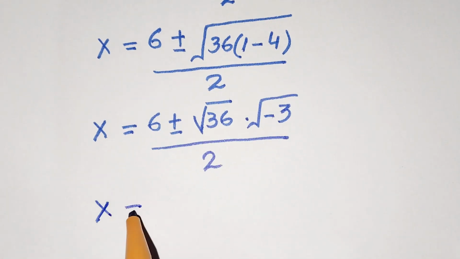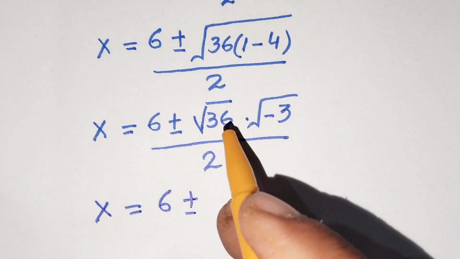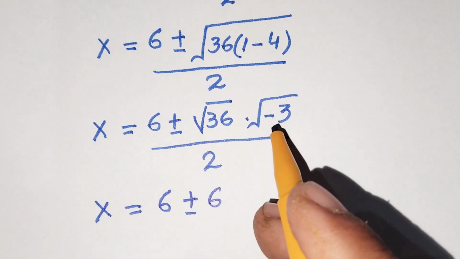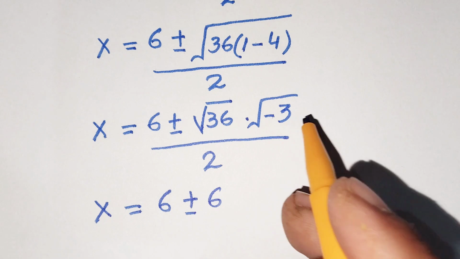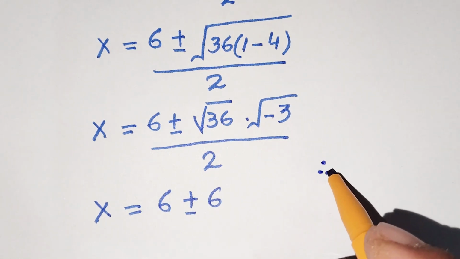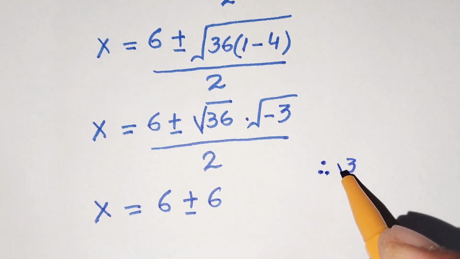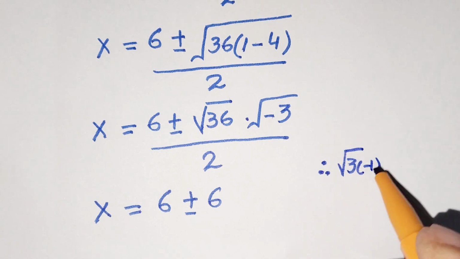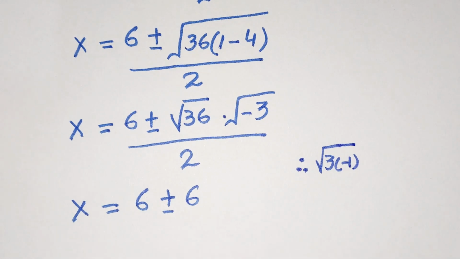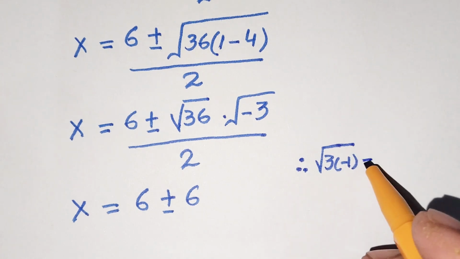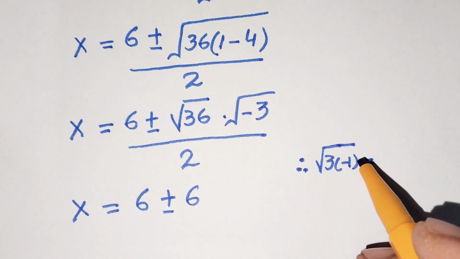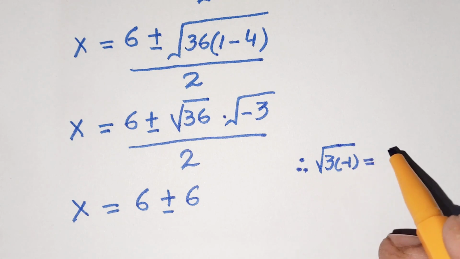Here x is equal to 6 plus minus square root of 36, which is equal to 6, and similarly here it is minus 3. So minus 3 can be written as 3 square root times minus 1. As we know, the value of minus 1 is equal to iota square.